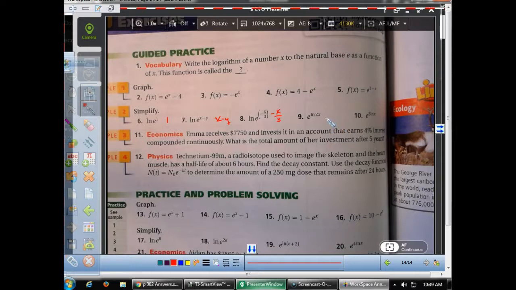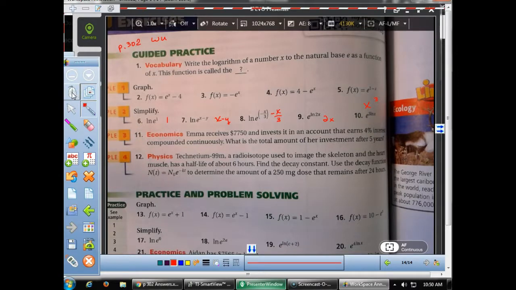Okay, how about the next one? 2x, and how about the next one? That one's hard to see, isn't it? So you have to bring the 3 up, so it's going to simplify down to x cubed. Y'all with me on that? Okay, so this was page 302, just kind of as a warm-up, 6 through 10. Okay, so I think you're getting that concept, so glad we went over that.